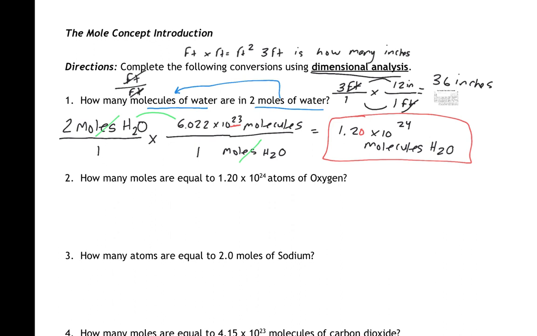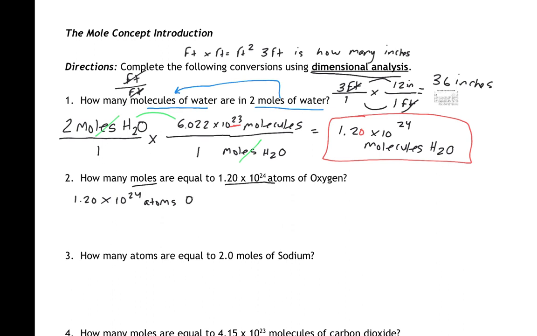All right, so let's do the next one. How many moles are equal to 1.20 times 10 to the 24 atoms of oxygen? Now it's interesting. We have atoms of oxygen, and we have the same number as we got for our answer in number 1. Let's go ahead and look at it. So 1.20 times 10 to the 24th power, and it's atoms of oxygen.